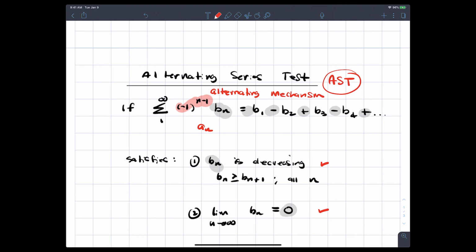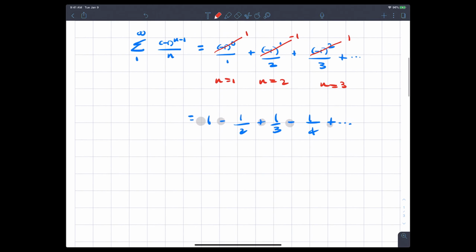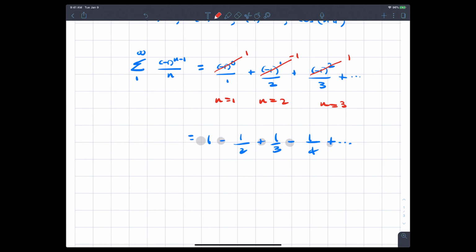So when you actually use this test, our Bn is really 1 over n, because what I remove is the alternating mechanism, and this is the Bn term in the alternating series test. This is what we really analyze in terms of two things. This thing needs to be decreasing, and it is.